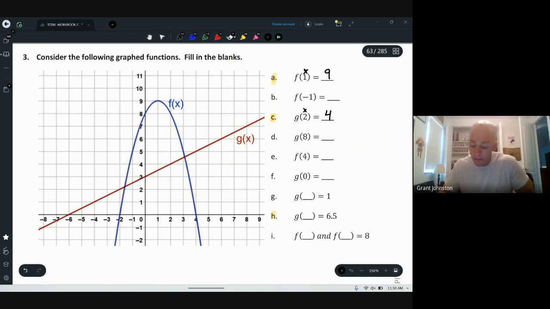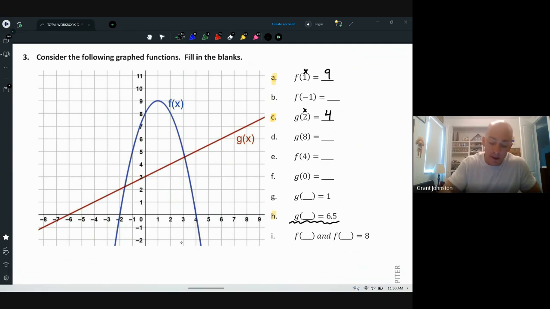Okay. H says G of what equals 6.5. This is another one I want to show you. G of what equals 6.5? So the output of 6.5. Well, on the G graph, 6.5 is right here on our y-axis. So I'm going to scroll over here.